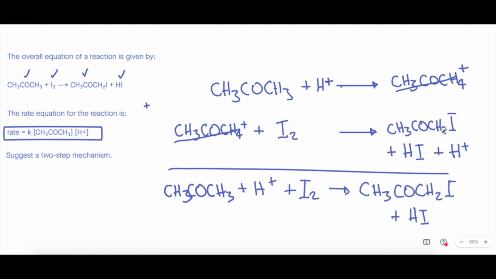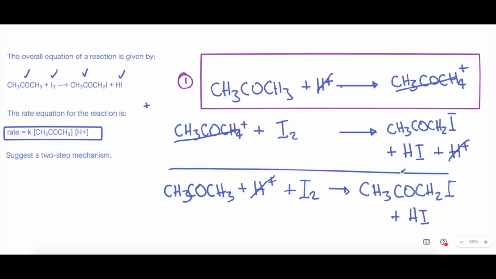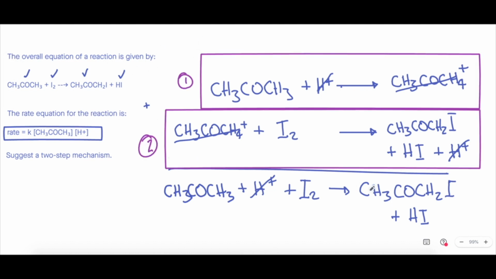You've got 6 H's here. So you need an extra H here. So the H plus comes here, and that cancels out, that cancels out. So that means there's no H plus in the overall reaction, and your overall reaction is now satisfied. So the final answer would be this as step 1 and this as step 2. So getting rid of the crosses, that's how it should look like.